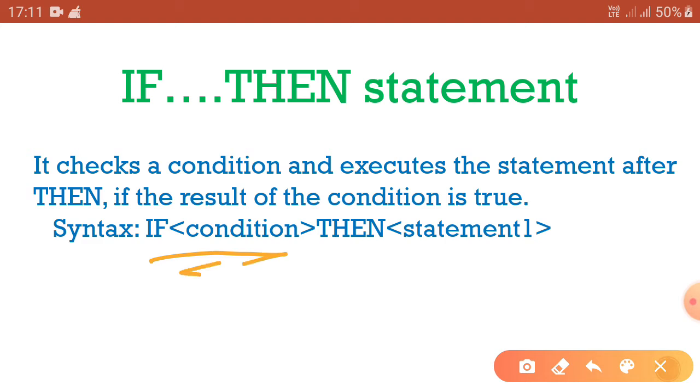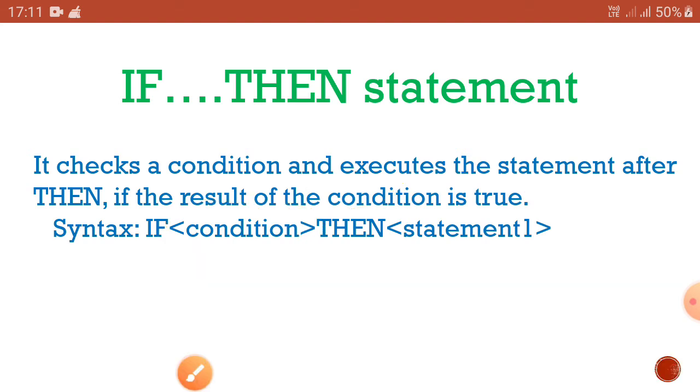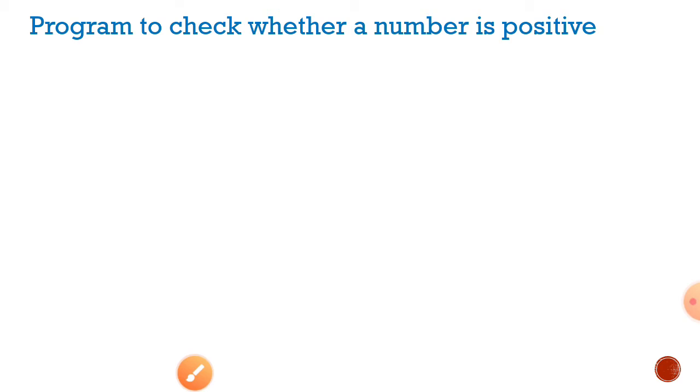IF, then you put the condition, and if the condition is satisfied or true, then the statement will be executed. Now we are taking one simple example to understand IF THEN statement.